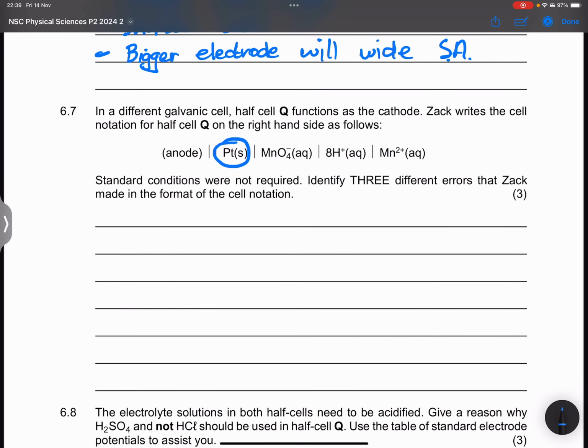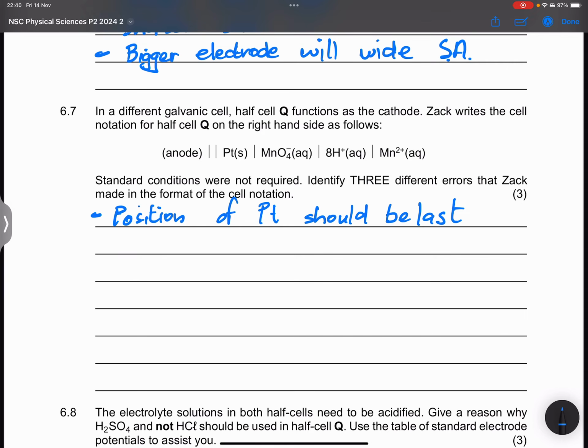Okay, the positioning of platinum should come last. So that should be last. But look at what he or she did. Oh, that's Zach, so I'm assuming it's a he.